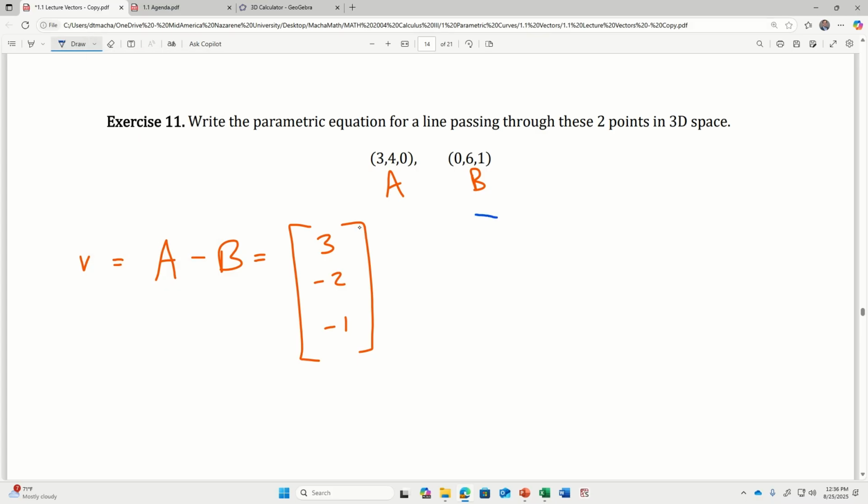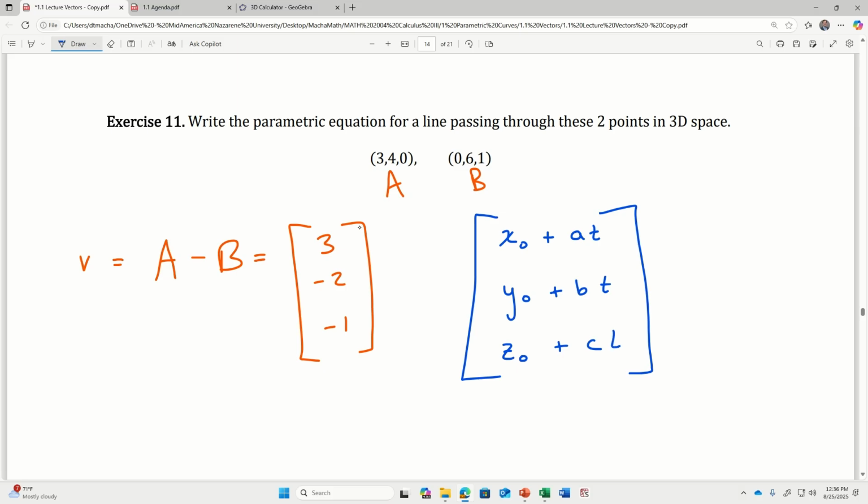So just to remind you, my final answer should be a parametric equation for a line. And that means it's going to look something like this. The question that's being asked when you see this type of question is basically the question of what is x0, y0, z0, and what is a, b, and c?